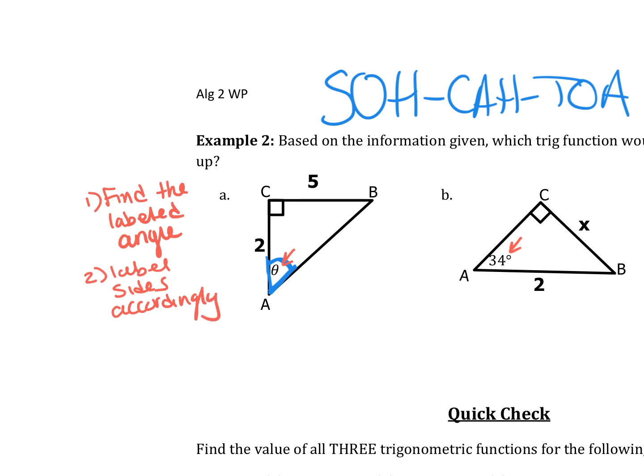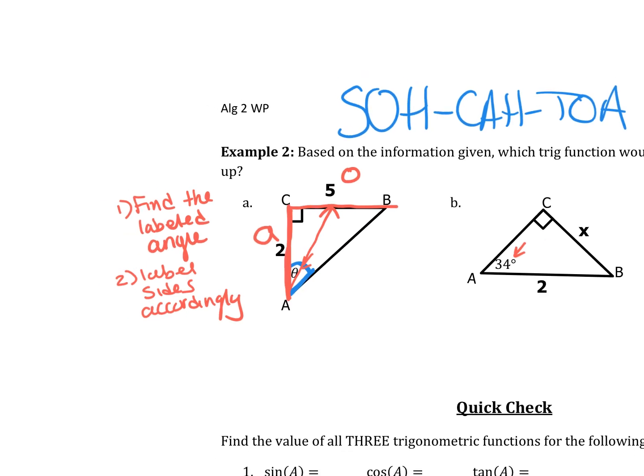So for this one, just label the sides that have numbers or variables. So this 2 is the adjacent side, and this 5 is the opposite side. Hypotenuse doesn't have any numbers or variables with it, so I don't care about the hypotenuse. Then we look at our SOHCAHTOA here.